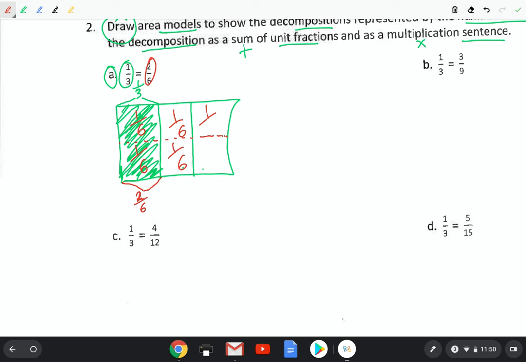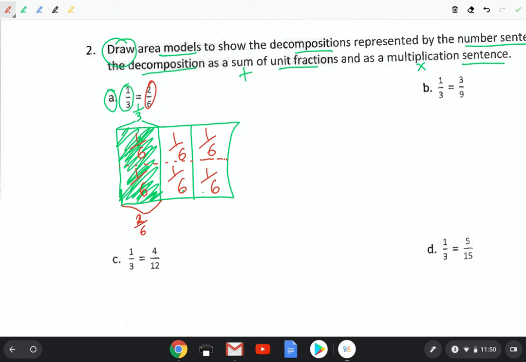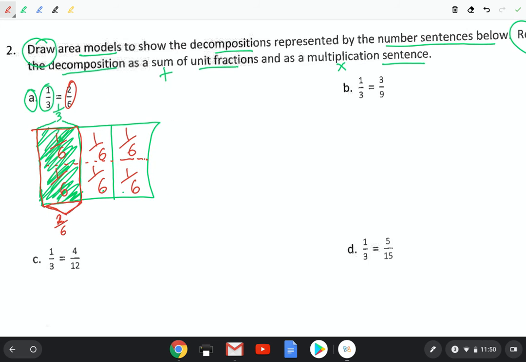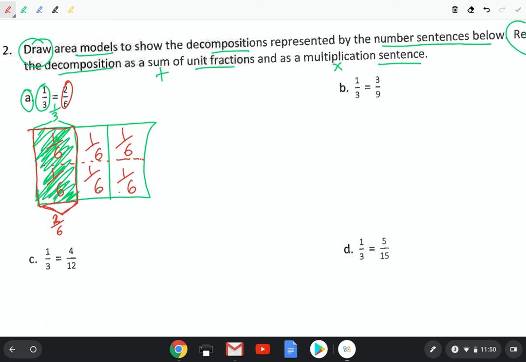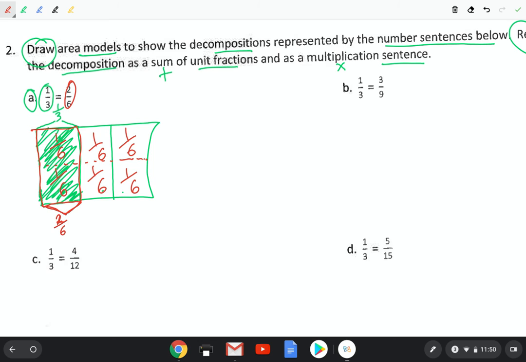Okay? So then right here, I just proved that the same shaded space, that means 1/3, is also the same shaded space that means 2/6. Okay? I just showed how those two fractions are equal. The other task was to write a sum and a multiplication sentence.